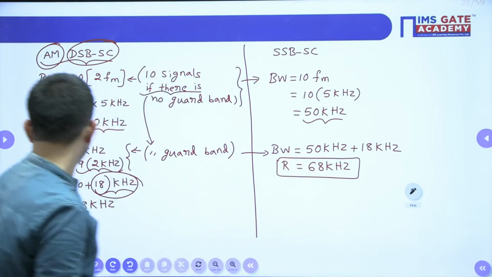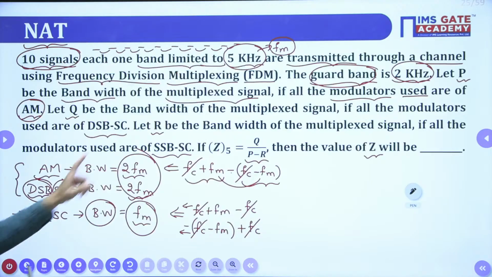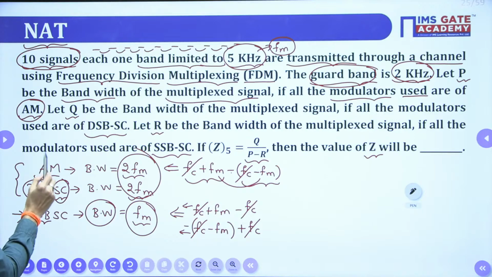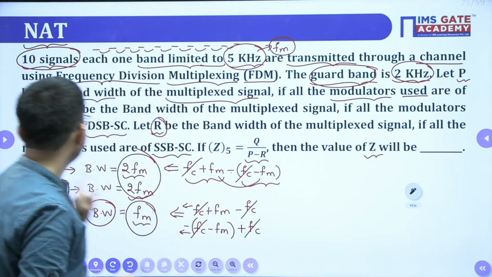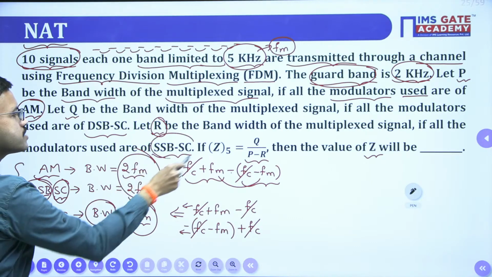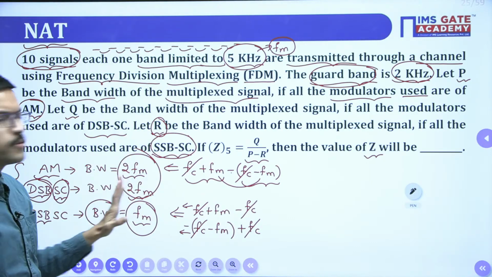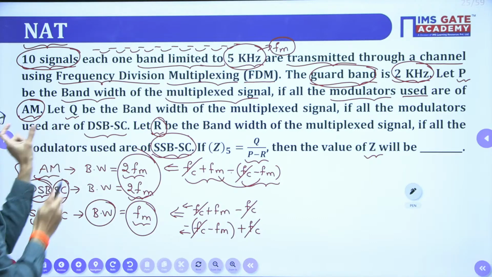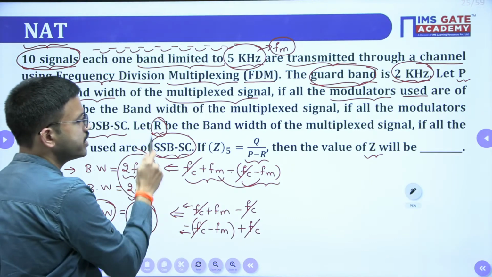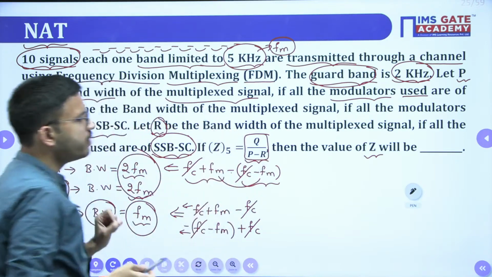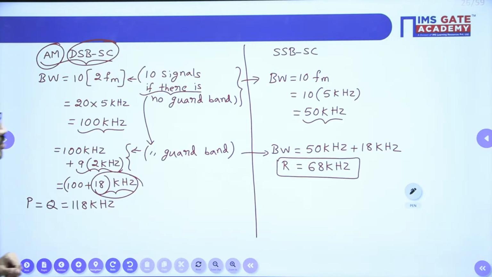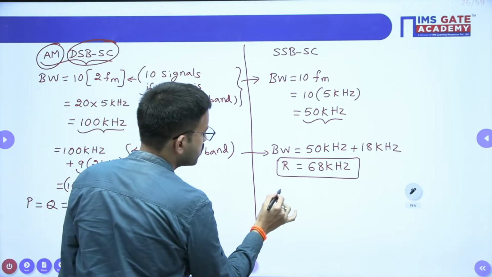See, in the question they have mentioned R is the bandwidth of the multiplex signal if all the modulators used are of SSBSC, right? So up to now we calculated P and Q, whose values are the same, and we got R, but now they are asking Q by P minus R. Just let me do the calculation here.